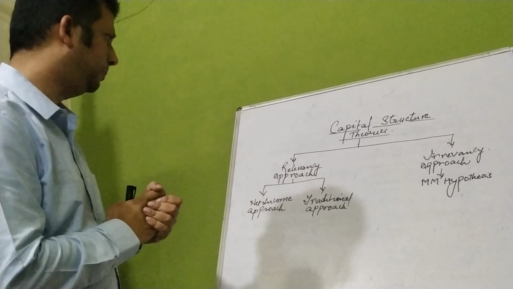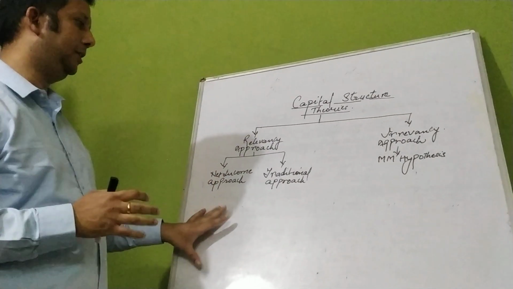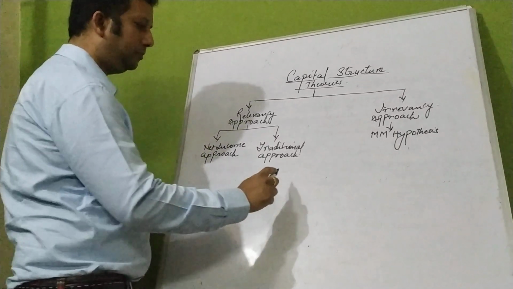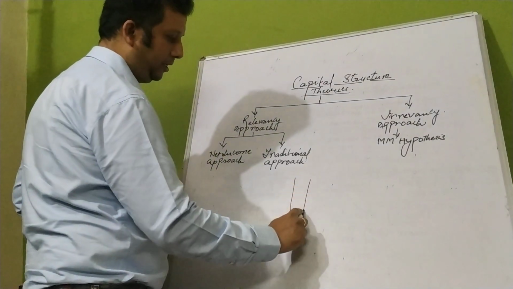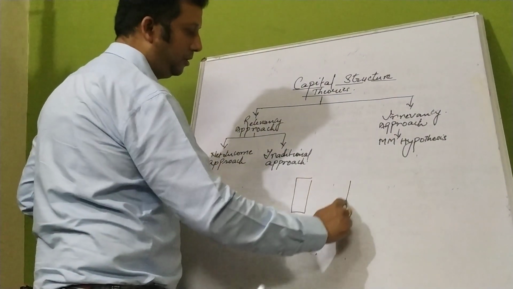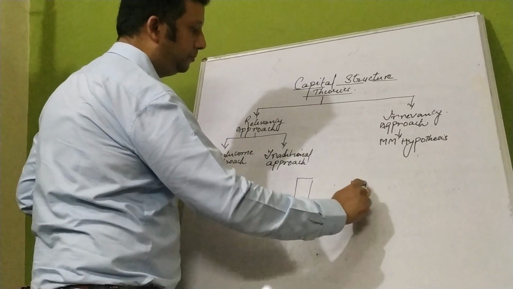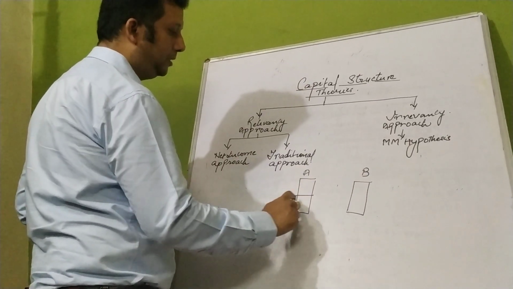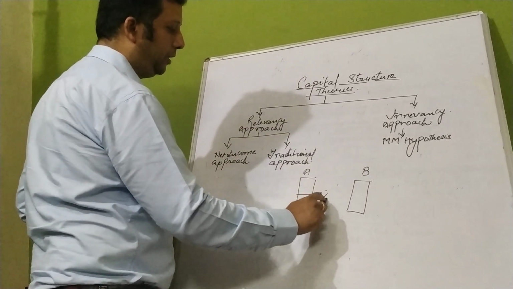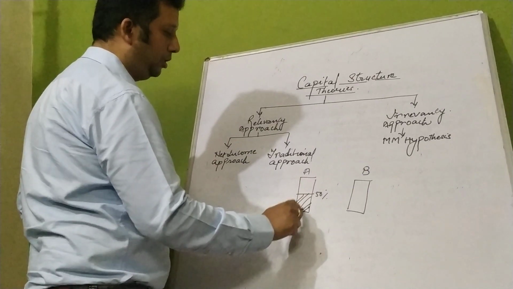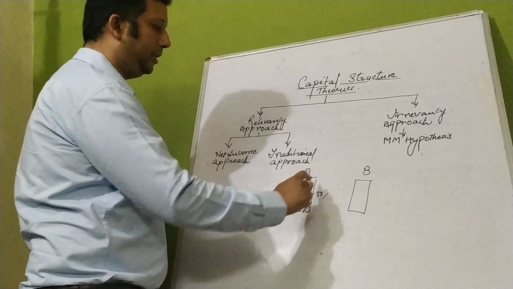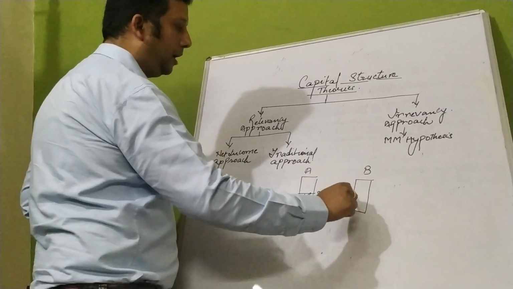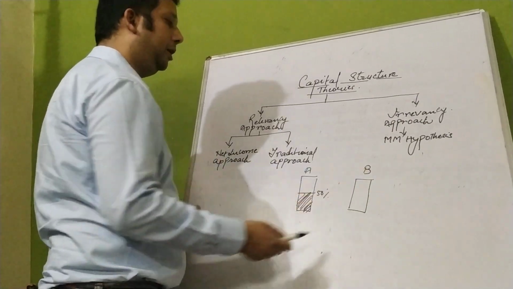So let me explain. The capital structure theory says that if there are two firms, firm A and firm B, firm A has 50% equity and 50% debt. I am shading the area that represents debt. Firm B has 100% equity.